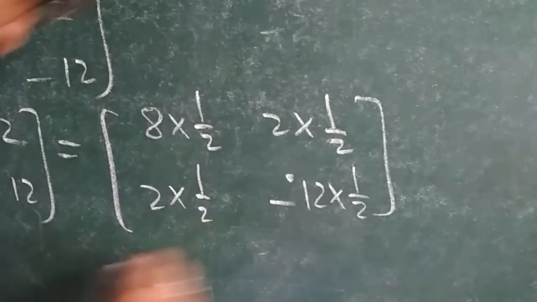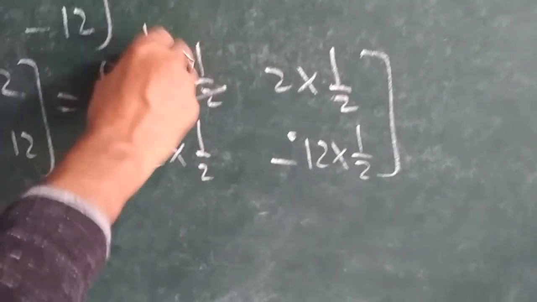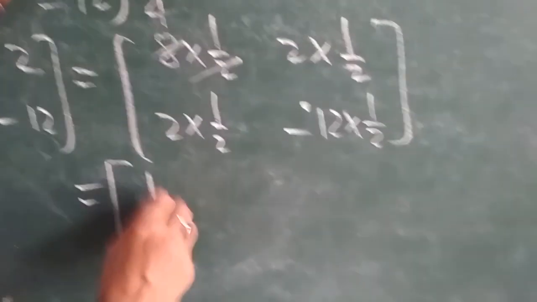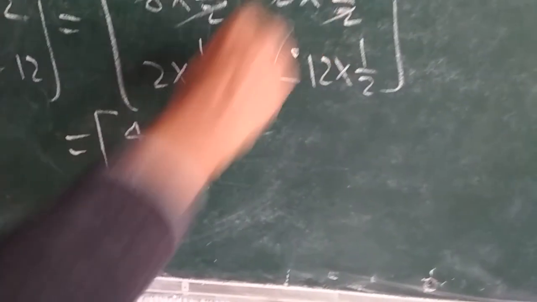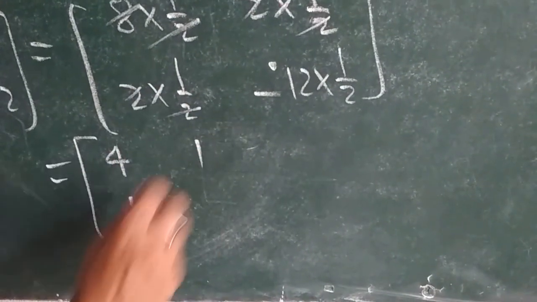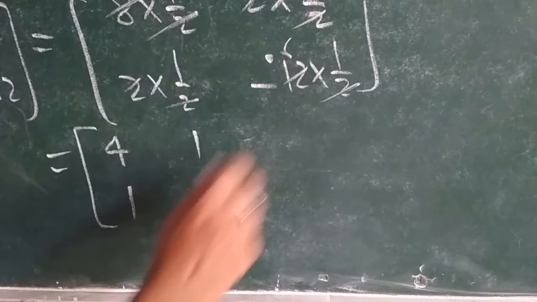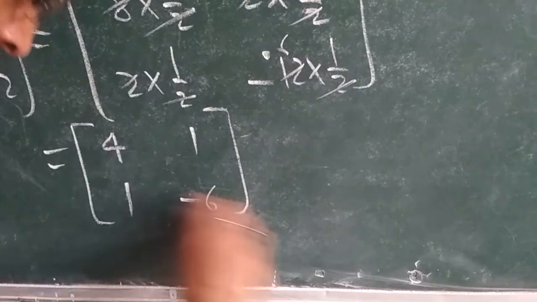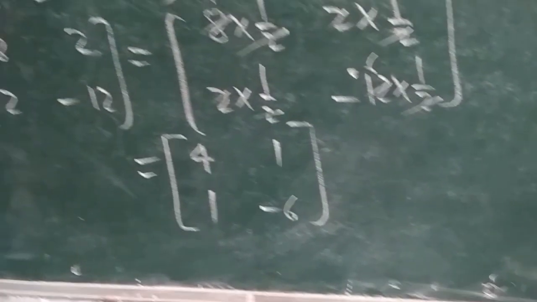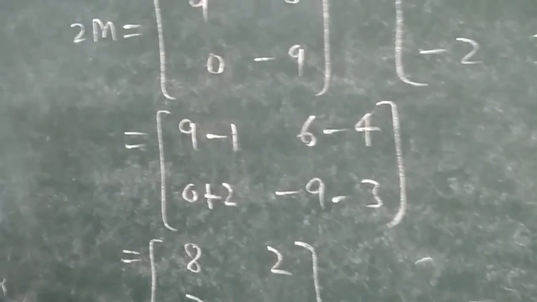Now solve it. 2 4s are 8, 4, 2 2s get cancelled, 1, 1, 2 6s are 12, so minus 6. So this is the answer. In this way, and I left one part for you, so you will do it yourself.